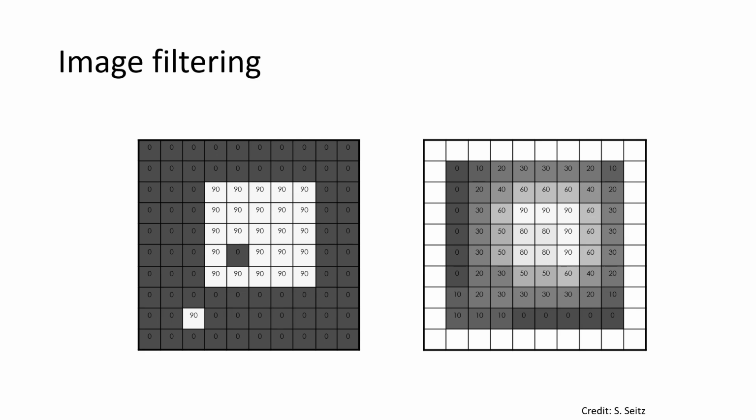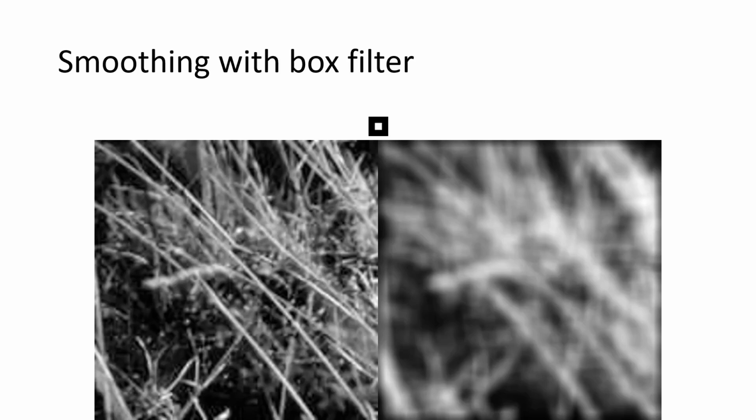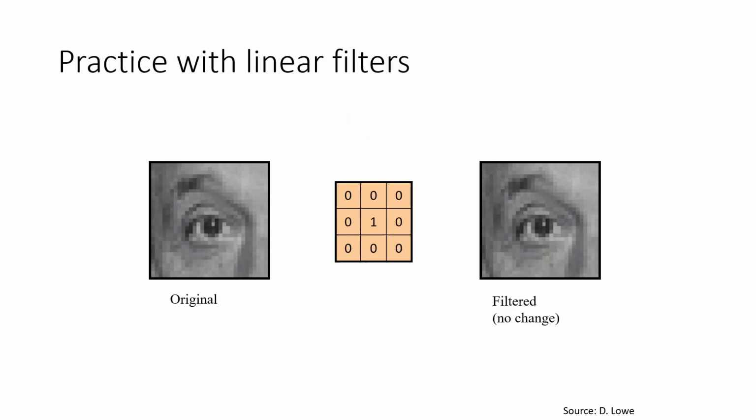And let me show you an example. Okay, so the left one is the input image, and this is the kernel, and this is the output image. So it becomes quite blurry. And there are some properties. Let me show. Okay, so this is the original image.